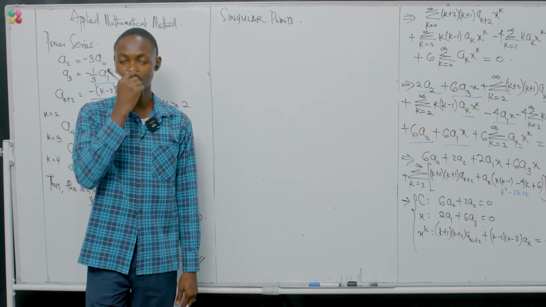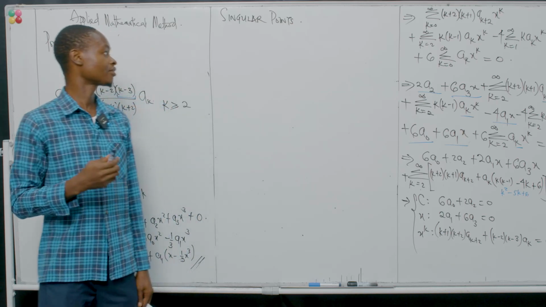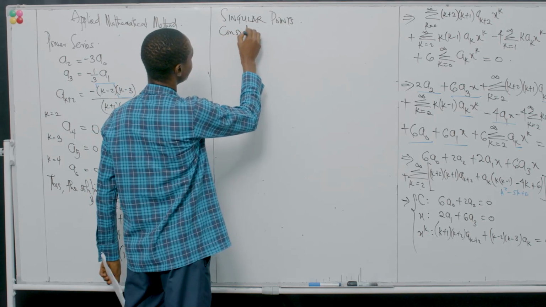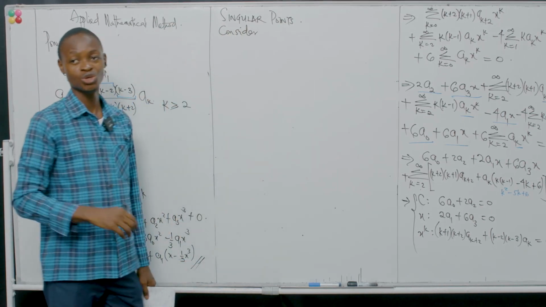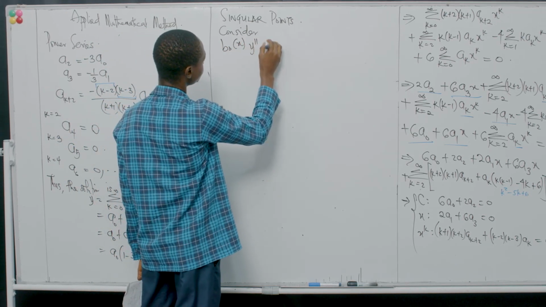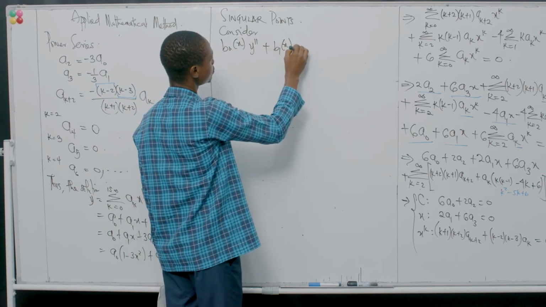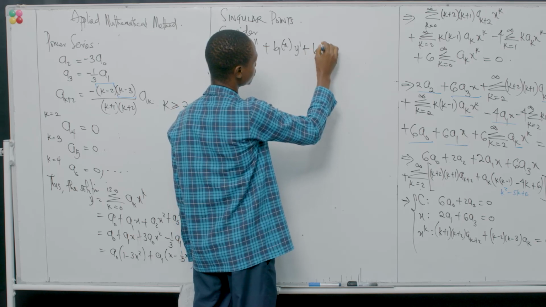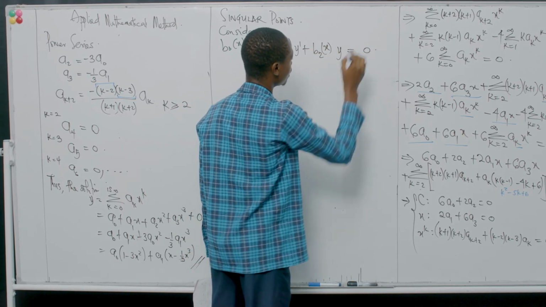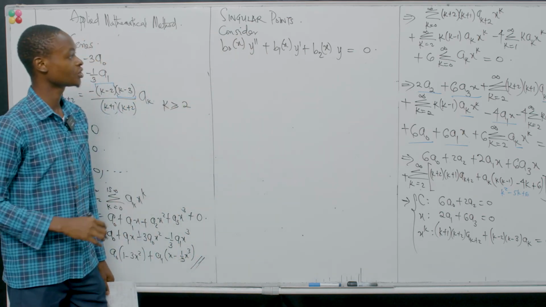Remember, or let's consider that our Fuchs differential equation we looked at earlier. Let's use 0 this time. Let's make it homogeneous. Remember what we said?